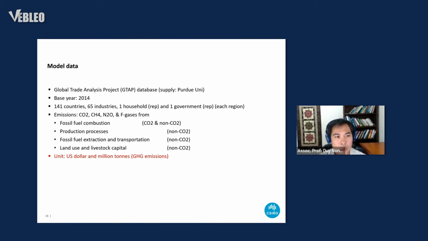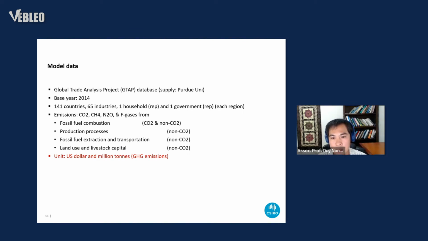In the model data, we use the Global Trade Analysis Project database supplied by Purdue University in the US. The year is 2014. The reason is that there is a lag of some years in the database, because we collect data, for example, from 141 countries and 65 industries. It is a major job, so it takes time.